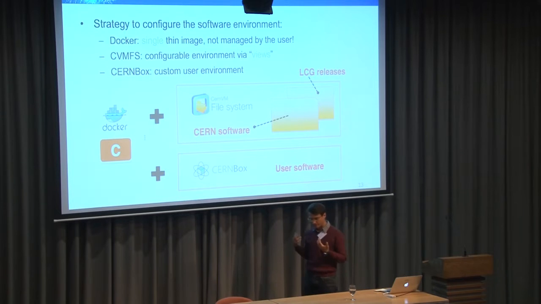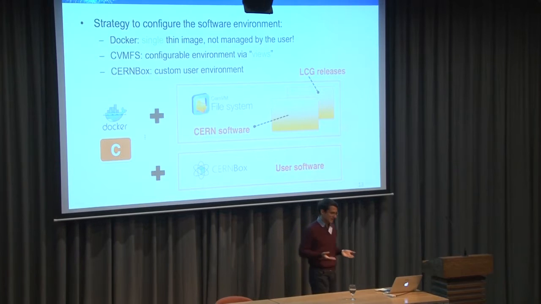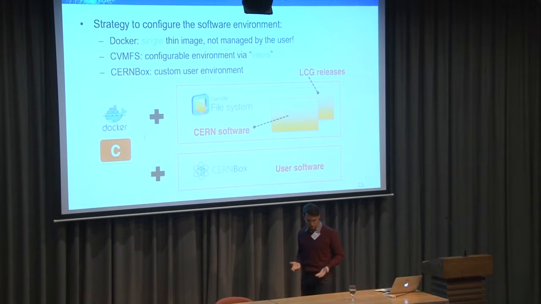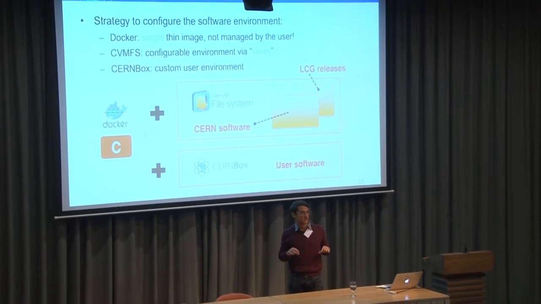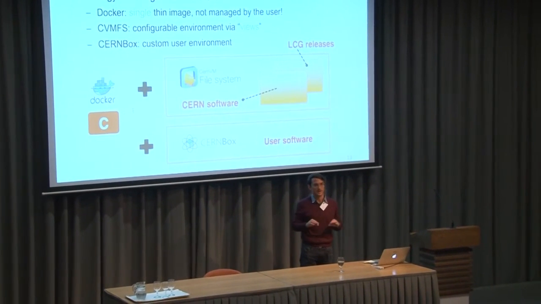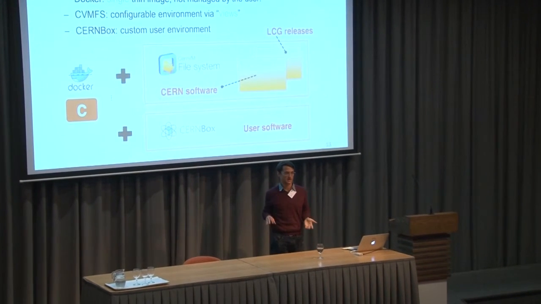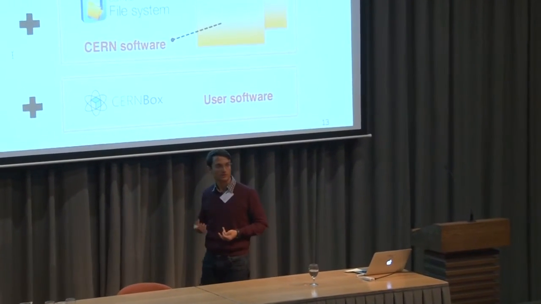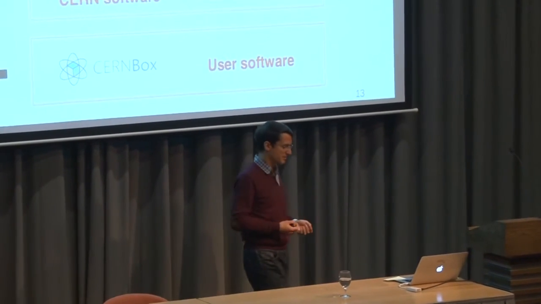We do this because we have this centrally distributed software in CVMFS, and we don't rely on Docker for distributing software. We have a thin image that contains nothing but the Jupyter server itself. And then for the rest of the software, we rely on something that we already have at CERN, which is CVMFS.